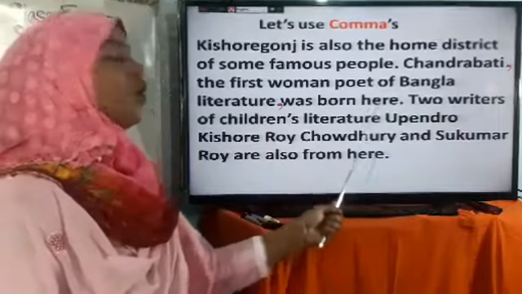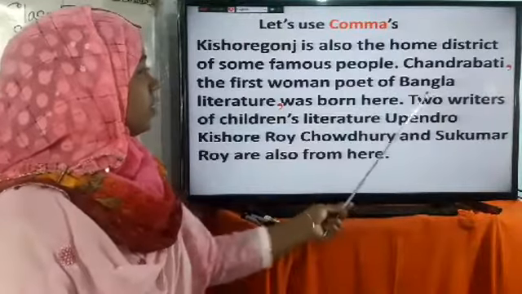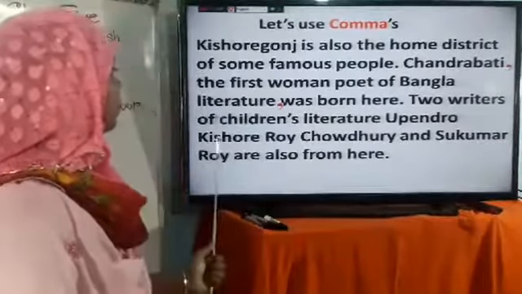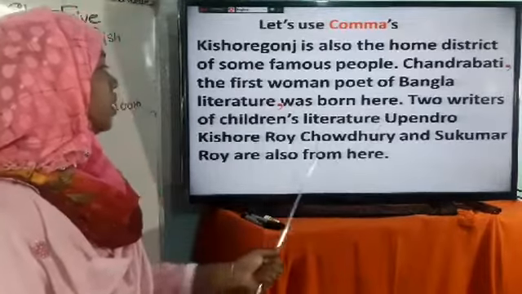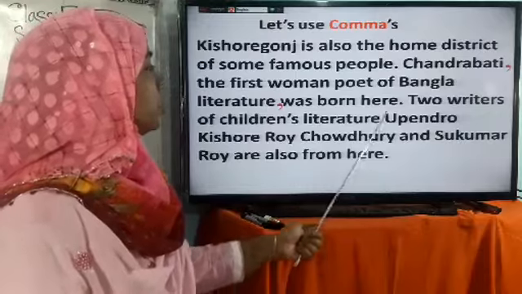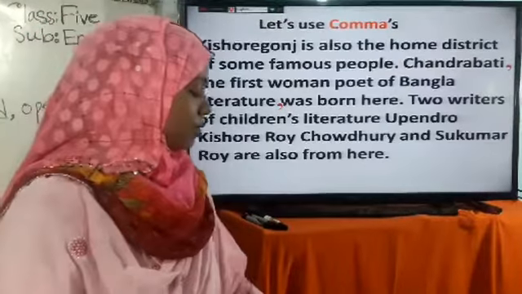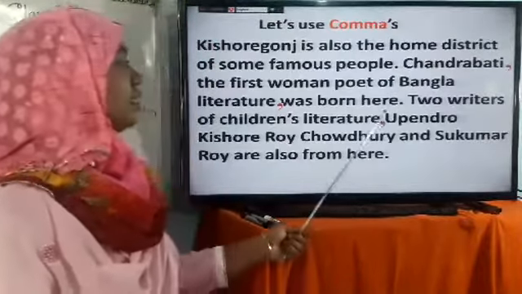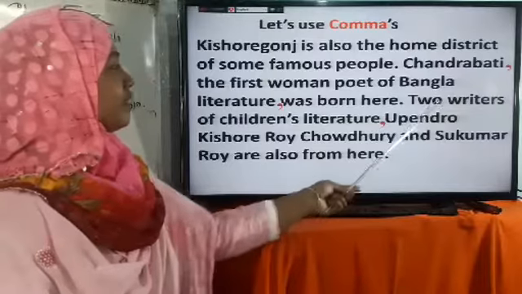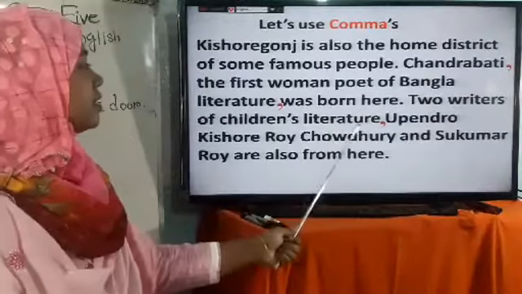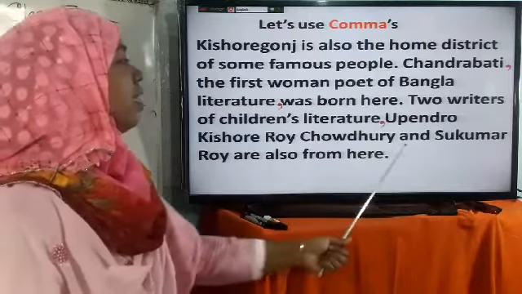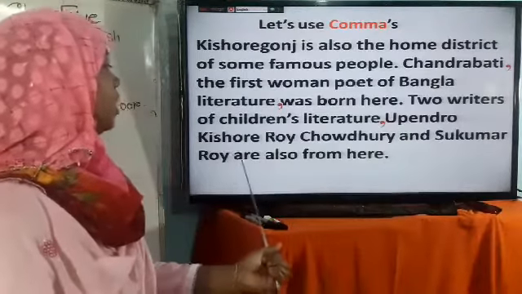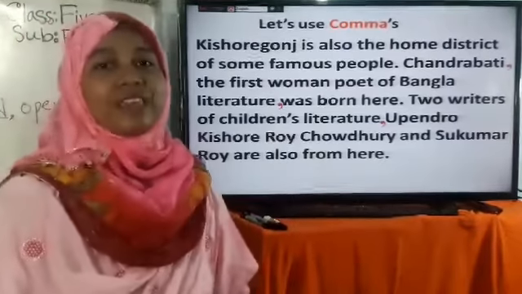Was born here. Then two writers of children's literature, Upendra Kishore Roy Chaudhary. To separate this sentence, we can use comma after literature. Two writers of children's literature, comma, Upendra Kishore Roy Chaudhary and Sukumar Roy are also from here.